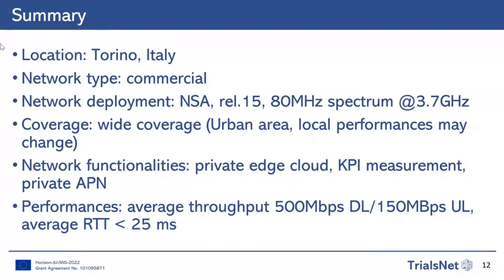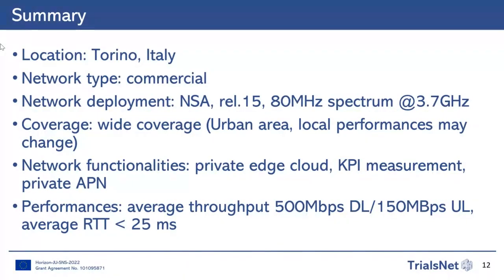The functionalities that we can offer are a private APN active on the commercial network, and cloud to host the use cases, where it is possible to measure also the KPIs according to the implementation.